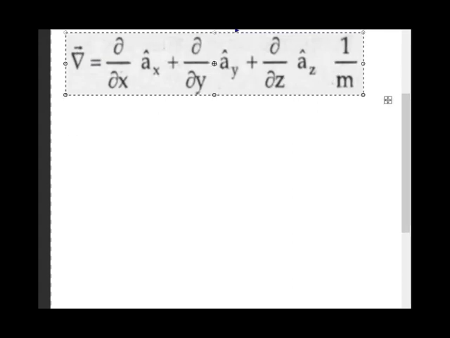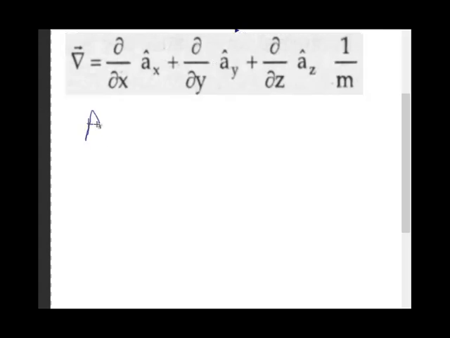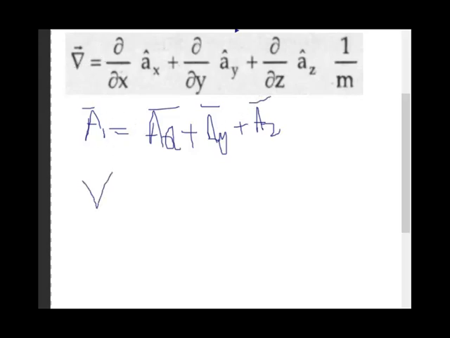If you have a vector A like this, which has components AX, AY and AZ, and you apply the vector differential operator over this vector, that is, if you take nabla dot A, then this differentiates all three components of the vector: del by del x of AX, del by del y of AY, del by del z of AZ.